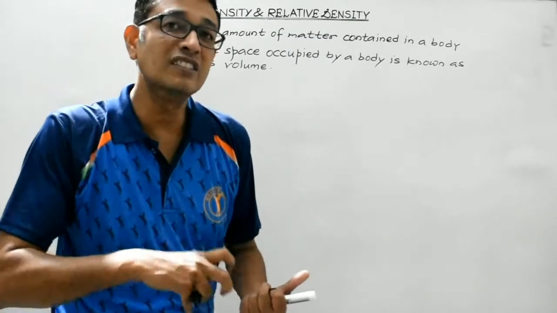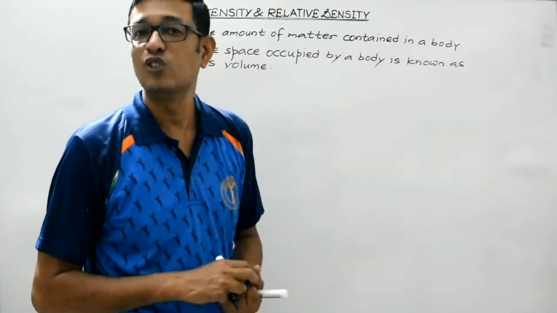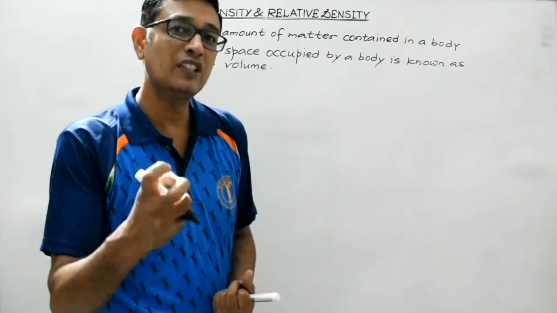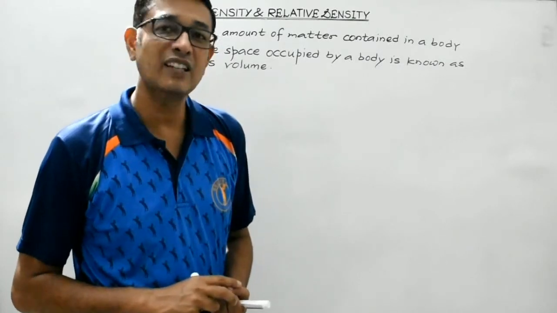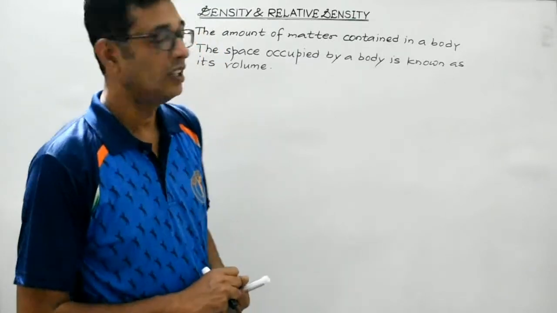That is, it has got a certain capacity to store liquid in it. So that capacity is known as its volume. So volume of a body is actually the space which a body occupies. And students, its SI unit is meter cube. CGS unit is centimeter cube.